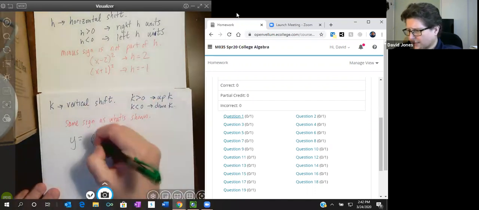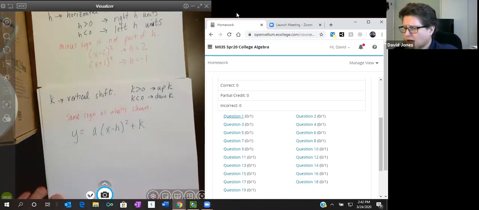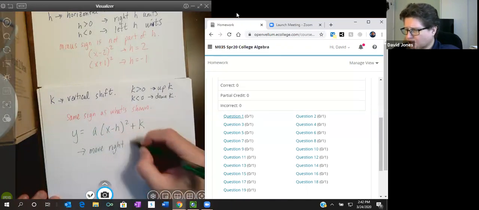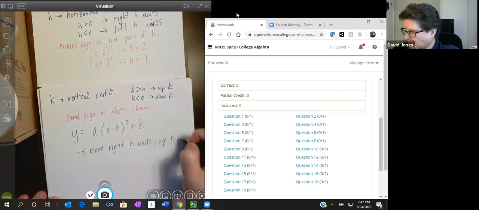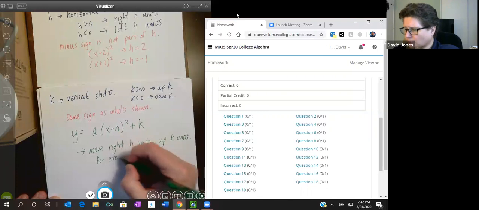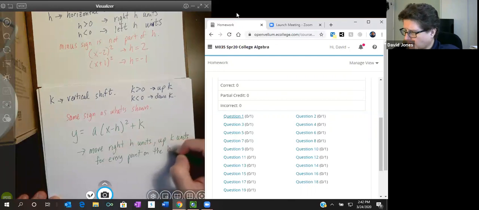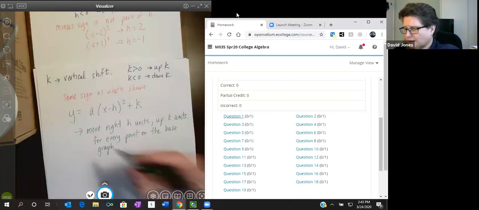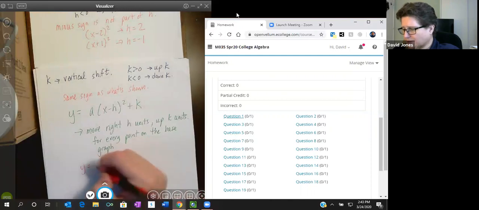So if we have y equals a times x minus h squared plus k, we are going to move right h units and up k units for every point on the original or base graph. And the base graph is y equals ax squared.